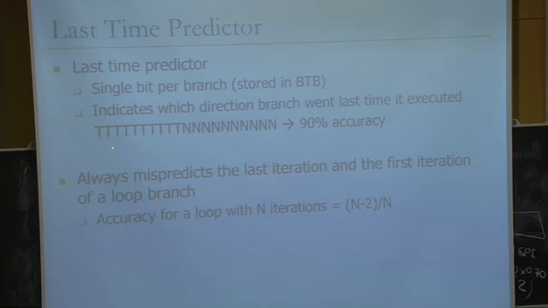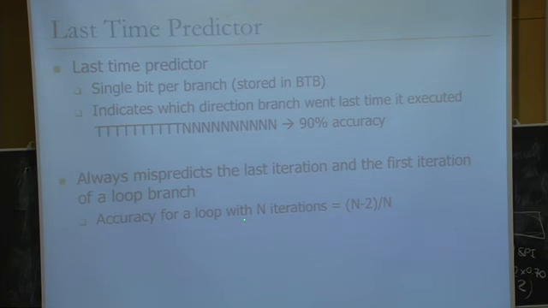Yeah, it depends on what you assume. Maybe I assumed here that you start out predicting not taken. That's possible. But actually, starting out predicting taken is a better idea, right? If most of your branches are taken. Okay, so that was probably the assumption here. It should be 95% accuracy if you start out predicting as taken.